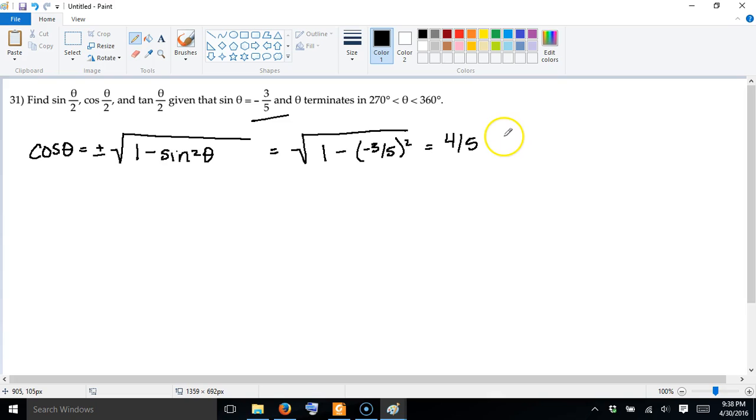Okay. Now, the next thing I like to do on finding values of our half angles is take this right here, divide everything by 2 to figure out what quadrant our half angle lies in. So 270 divided by 2, that's 135.